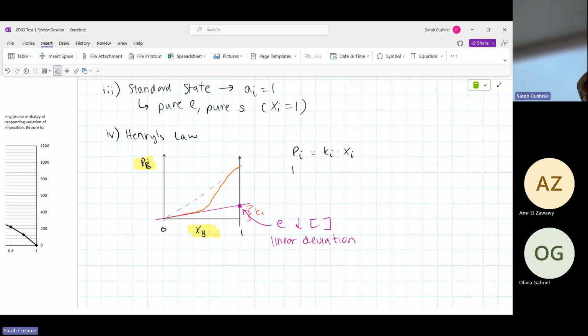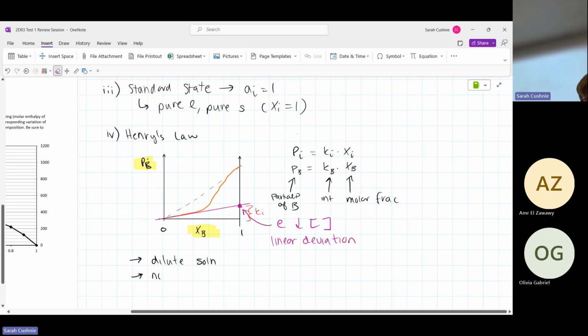So in this case, Pb is equal to Kb times Xb, where Kb, remember, is that intercept, Xb is the molar fraction, and Pb is the partial pressure of B in the mixture. This applies for low concentrations, so dilute solutions. And because this isn't following a straight path, this is a non-ideal case.